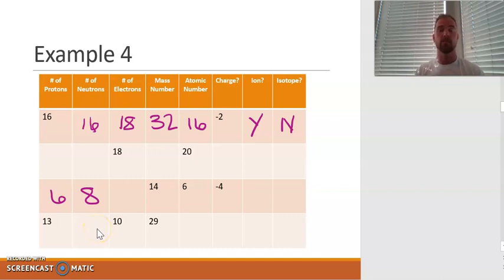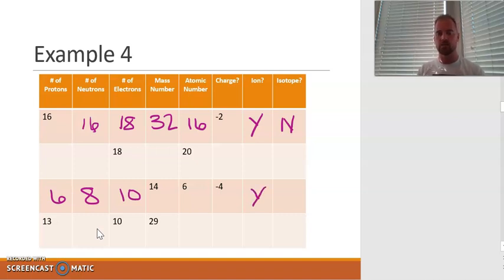And then to figure out the number of electrons, I'm going to go based off of this -4. If this was a charge of 0, my number of protons and my number of electrons would be the same. But since there's an overall -4, that means there must be 4 extra electrons, which means there would be 10 electrons.